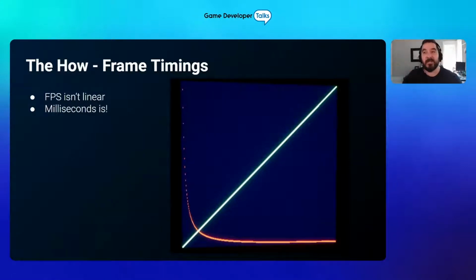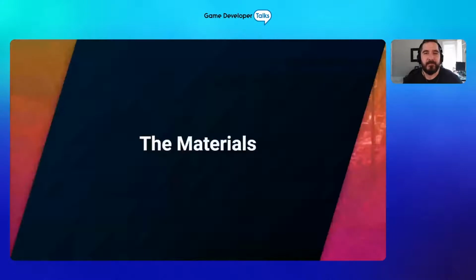That's 2 milliseconds. But the difference from 25 FPS to 30 FPS is almost 7 milliseconds. That's a big difference. That's a lot of stuff that had to change in order to make that difference. So that's why I don't like using frames. I much prefer to use milliseconds. So from here on out, it's only milliseconds.